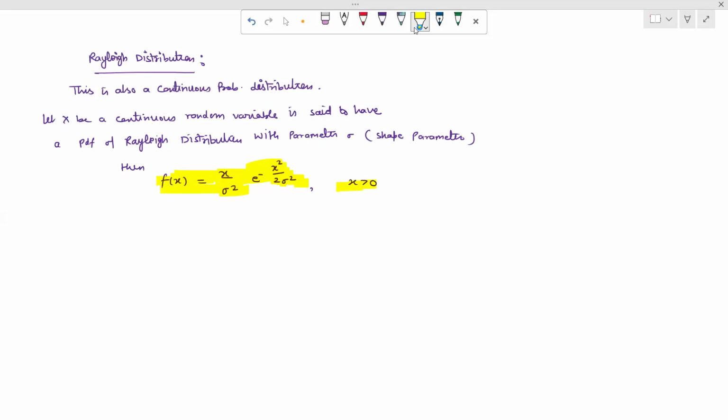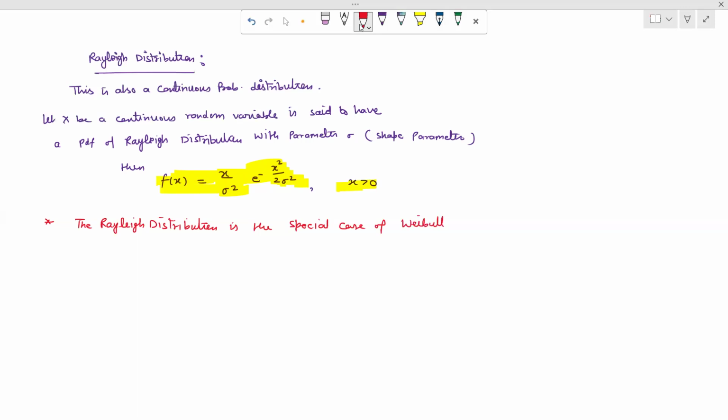Now we write down that the Rayleigh distribution is a special case of Weibull distribution.